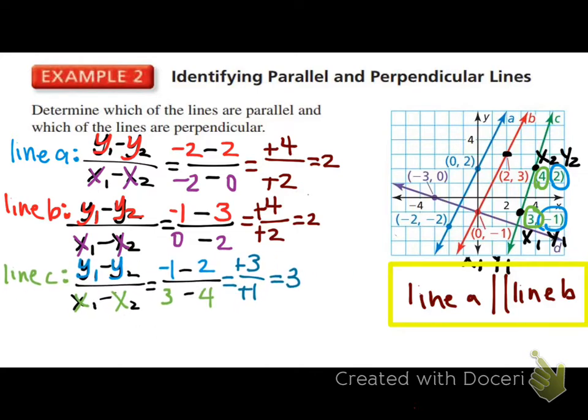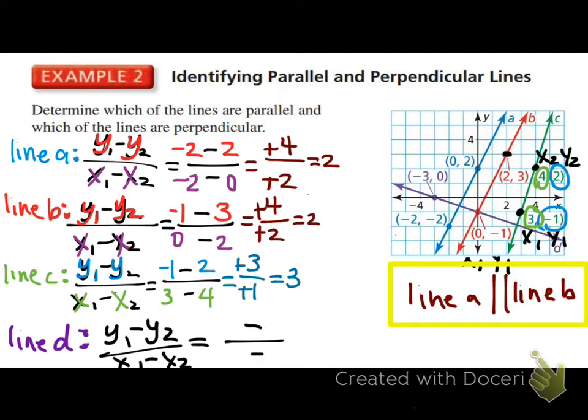We've got one more, and it's line D. So as it looks, at first glance, it looks like there's only one point on it. Where's the second? The 0, -1. They share that one.